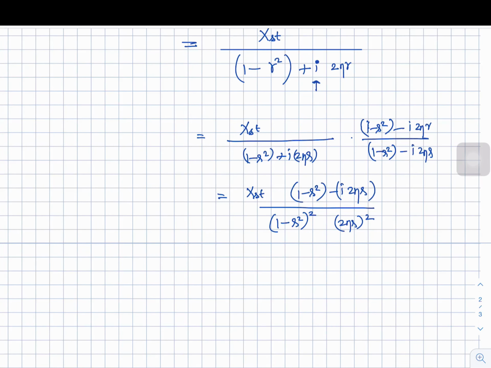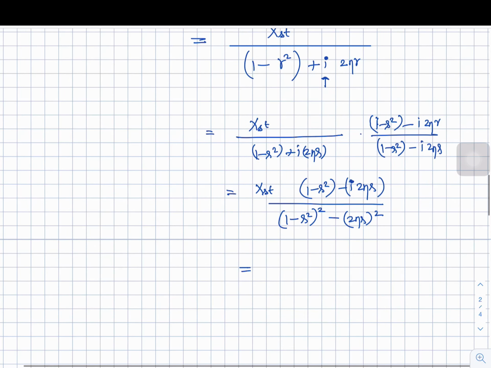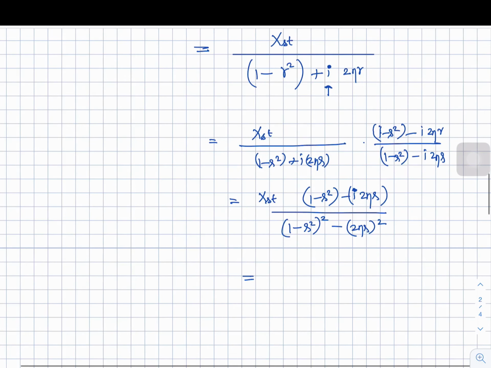Then because of this imaginary value, we can write this thing as this, our simplified form of x.